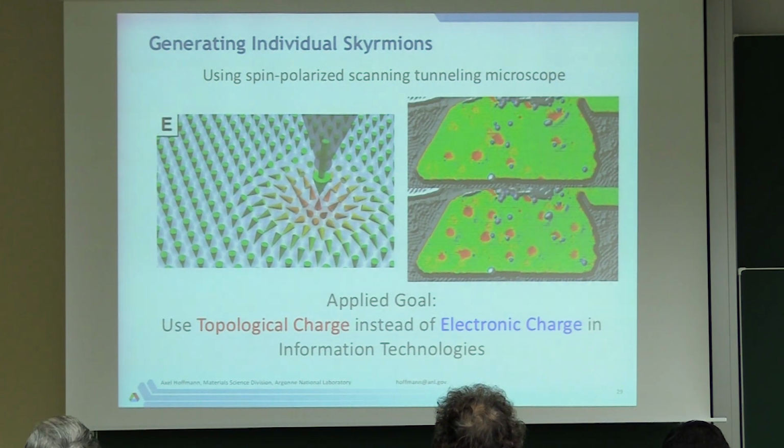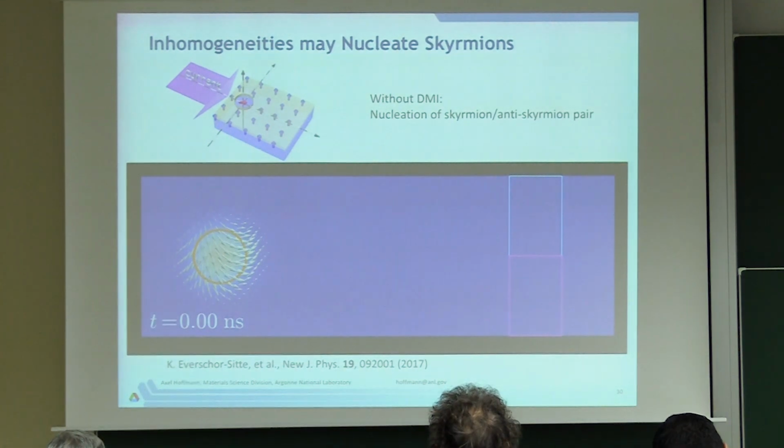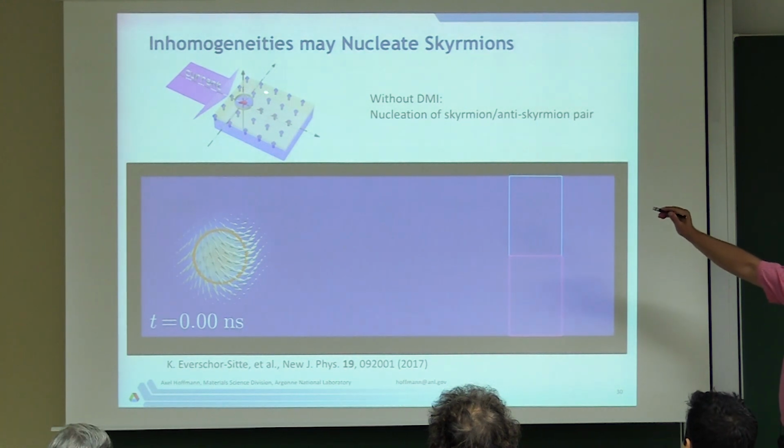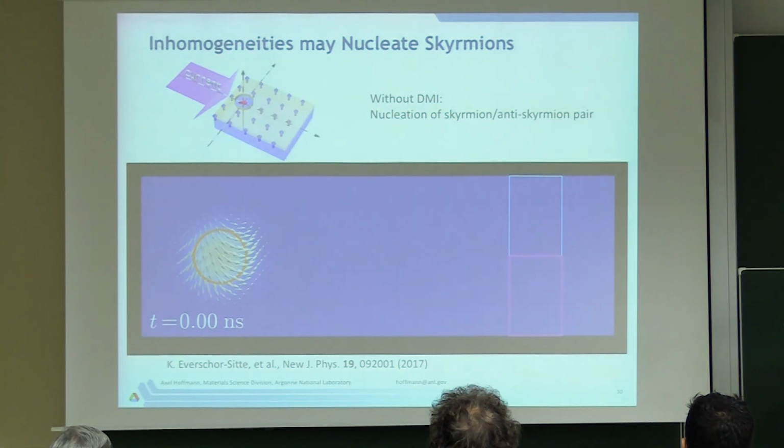It turns out that if you have inhomogeneities in your samples, it's a really good nucleation point for skyrmions. And this was nicely illustrated in some simulations that Karin and her colleagues did. They took one of these skyrmion multilayers in the computer and locally changed the anisotropy so that locally the magnetization likes to be in plane instead of out of plane.